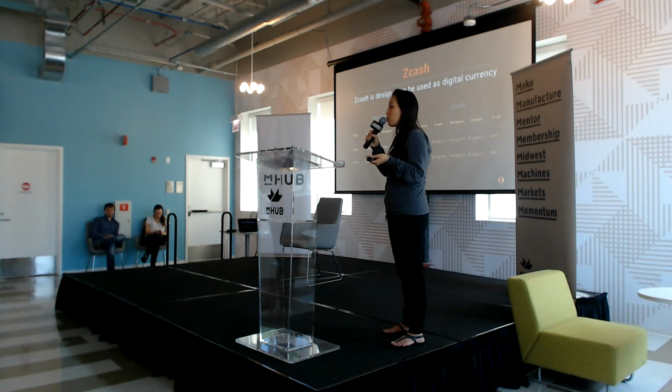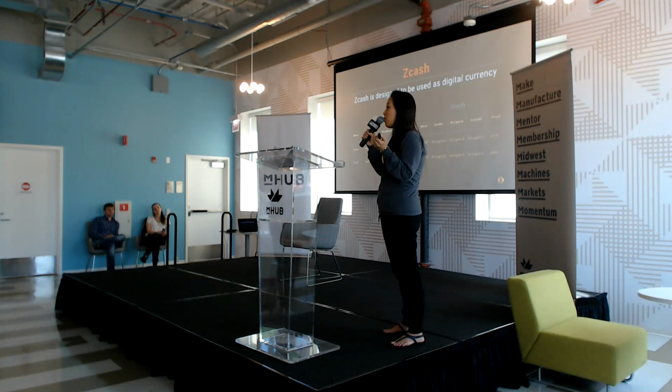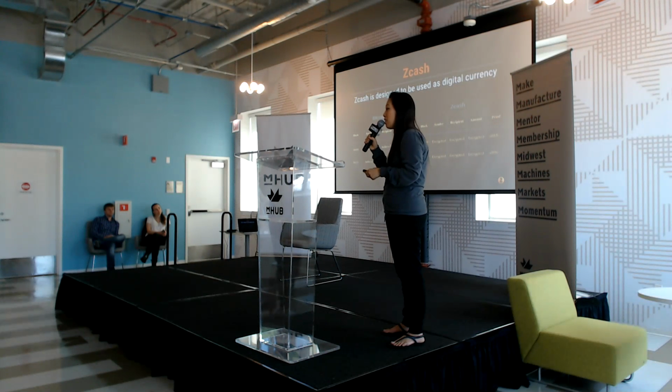And you might think, well, then how do you verify that people actually have the money that they have, that the transactions are valid, and how can you tell that they're not fake ones? We actually use a novel cryptographic primitive called zero-knowledge proofs, which are responsible for making sure that the transactions on the chain are valid.